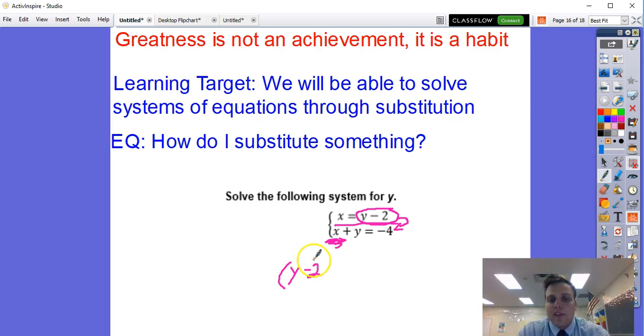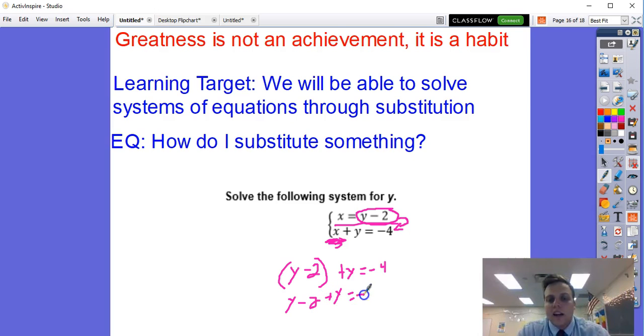I'm going to put parentheses just to show you I'm replacing. Parentheses actually aren't necessary, but I'm trying to show I'm replacing this x. Then I would still have plus y equals negative 4. So again, in the second equation, all I did was replace this x with y minus 2. These parentheses aren't necessary because there's nothing multiplying in front of or after them, so I can just drop them.